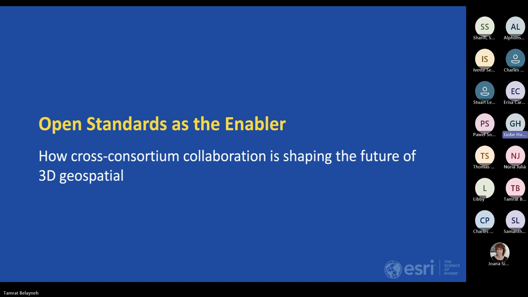So my view is that open standards are the enablers for this cross-consortium kind of collaboration, and we see this day in and day out. glTF and now the evolution of 3D Tiles is really a good example of that. In geospatial, we've had bounding volume hierarchy and LOD replacement for a while.